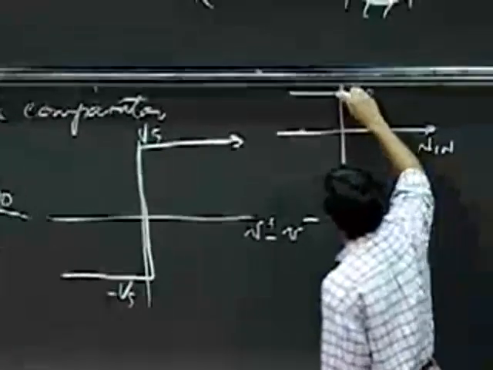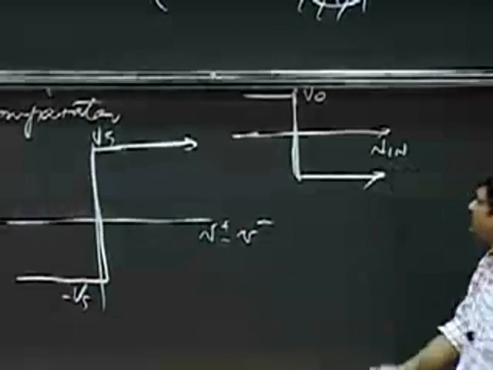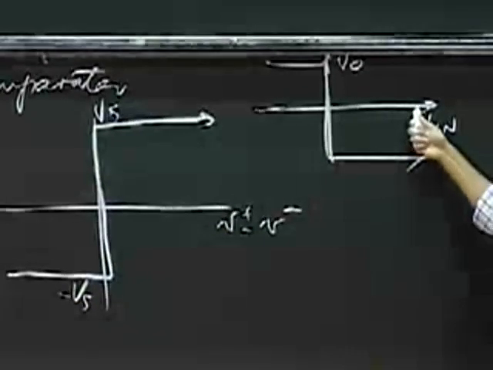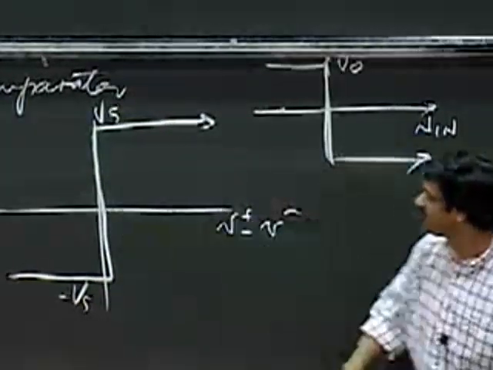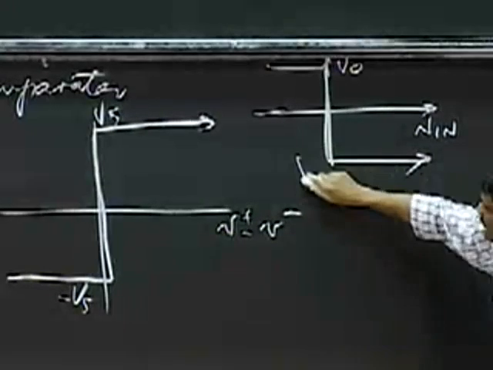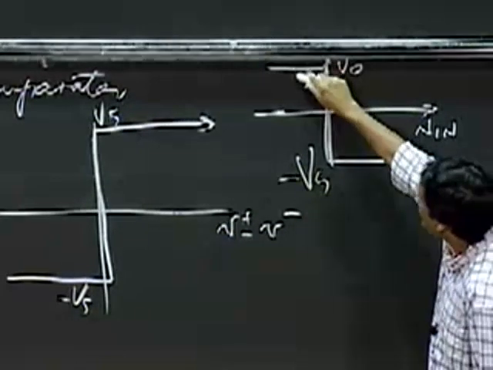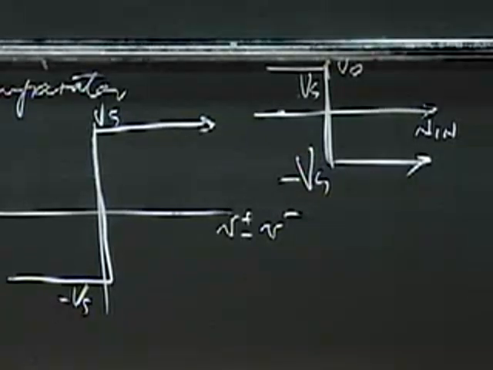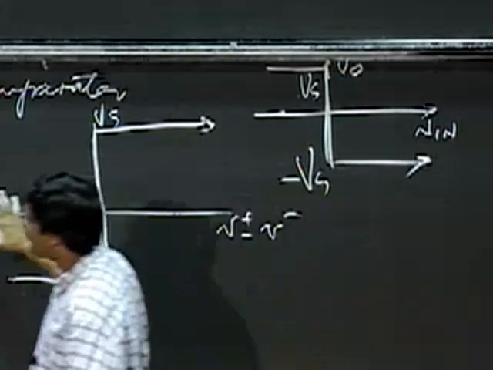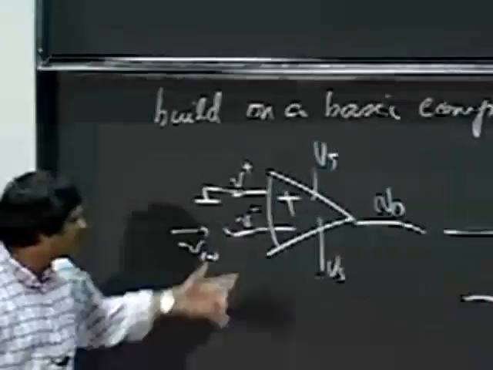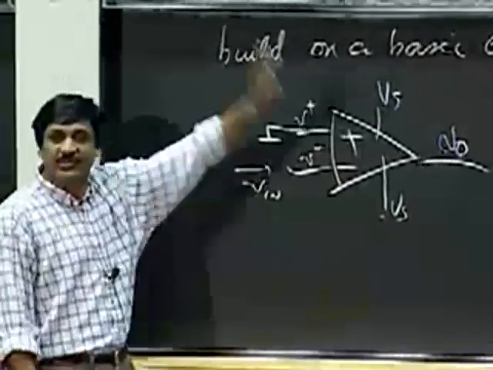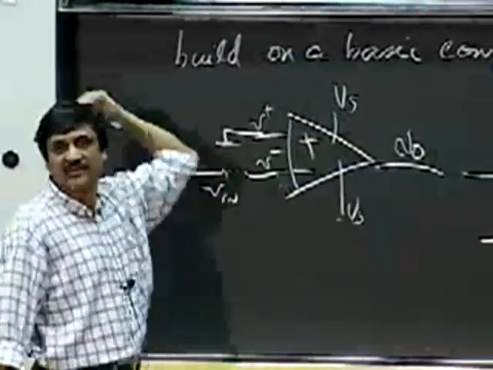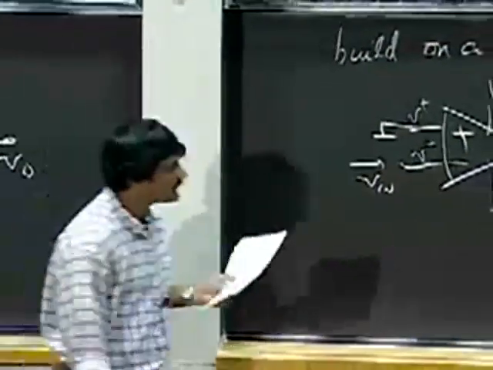So in terms of V in, it looks like this. What this says is that as the input becomes more and more positive, applied to V minus, the output goes to minus VS. And if the input becomes more and more negative, then the output goes to VS. This is what is called a very basic comparator circuit. It compares the two inputs and goes up if the input's in one direction and goes to the other rail if the input's in the opposite direction.